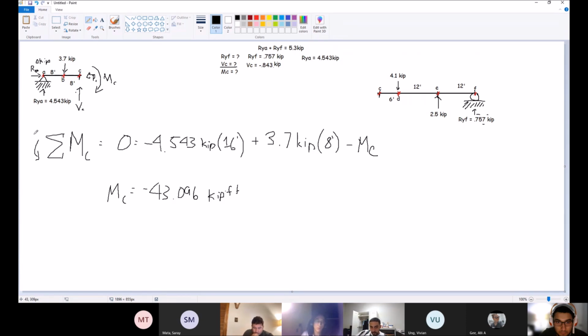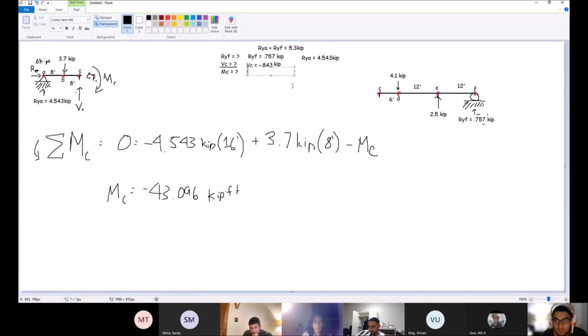Because we're finding a moment, it has to be a force and a distance, so that's why I have kip feet. Everyone follow? M_C is equal to negative 43.096 kip feet.